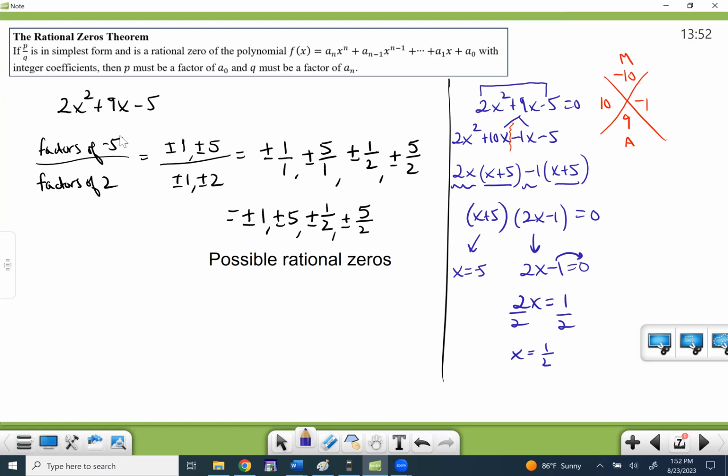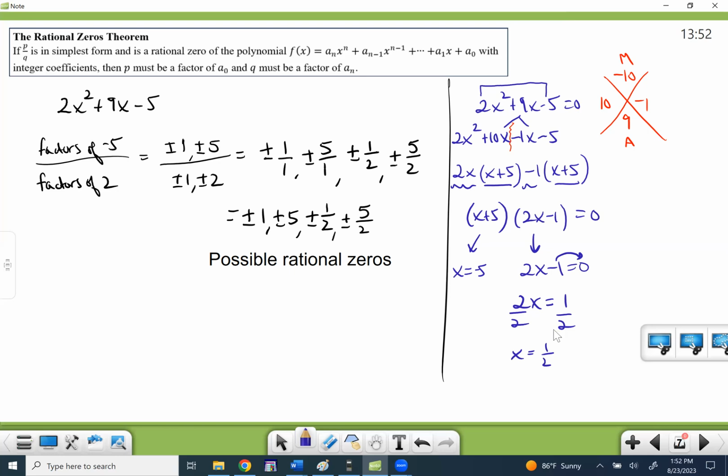That's why when we were setting these up, we were saying, all right, factors of the last number are going to go on top. Factors of the first number are going to go on bottom, because that always gets people. They end up putting factors of the first one on top and factors of the last one on bottom. But you can see when we do the math over here, right? It's the last number that ends up on top, and it is the front number that ends up on the bottom.